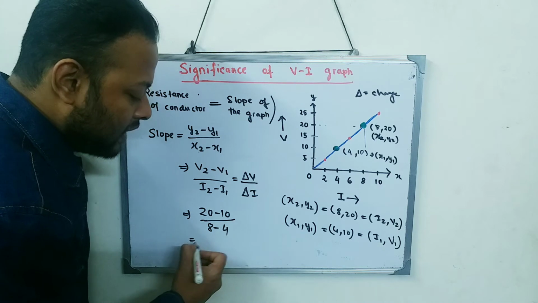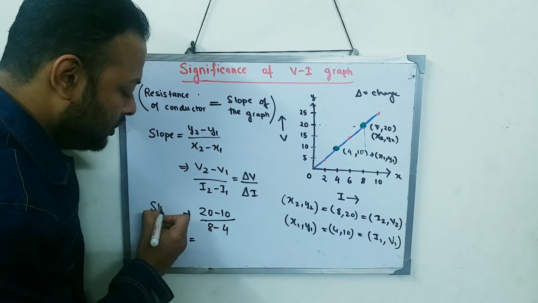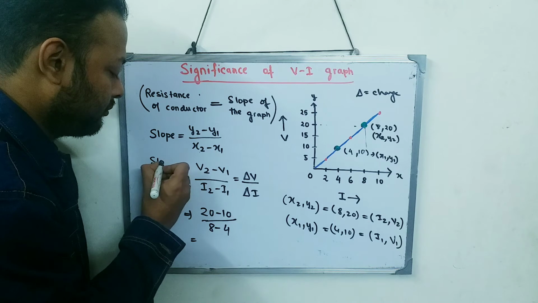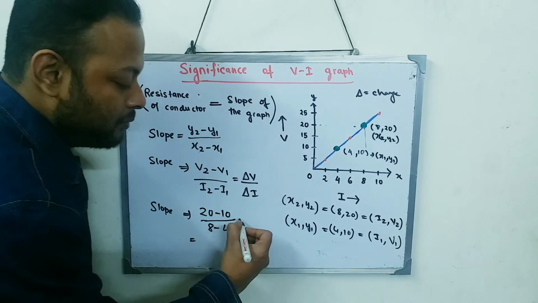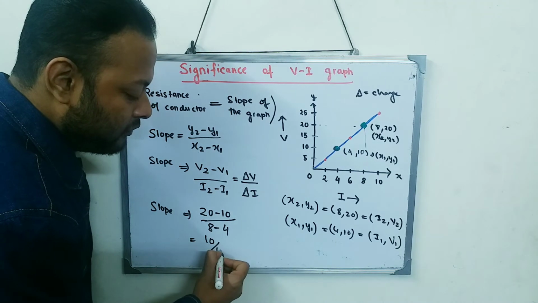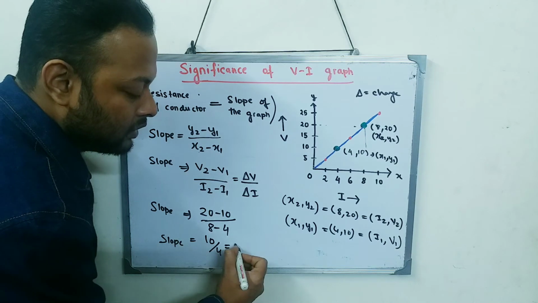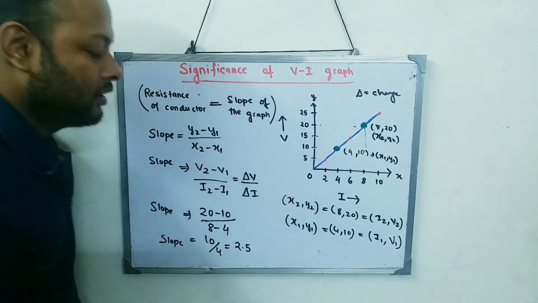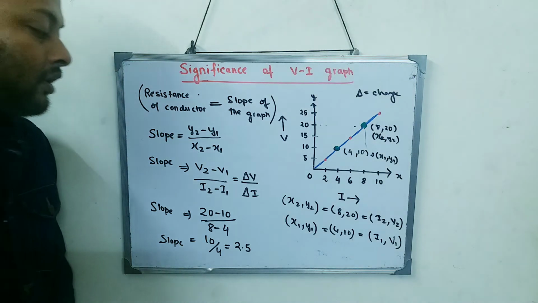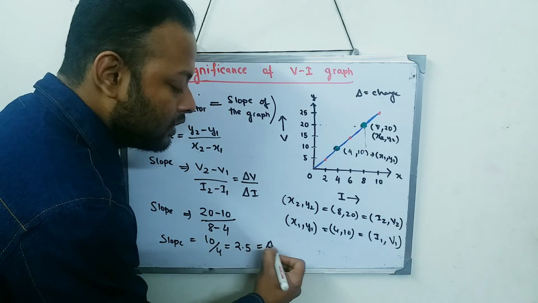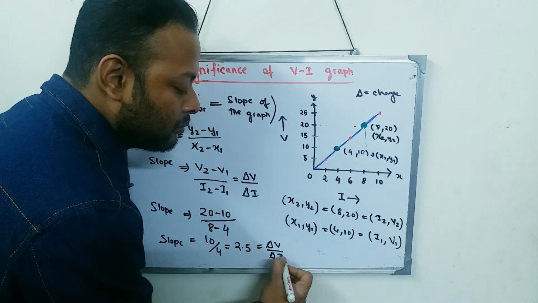All this represents the slope only. So that gives me 10 by 4, and 10 by 4 is 2.5. So this 2.5 is delta V by delta I.